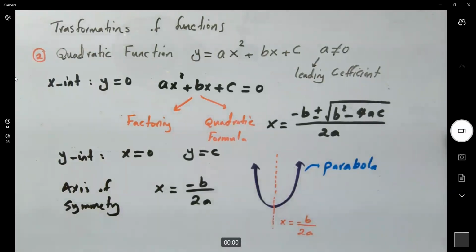Now we're going to write one example of a quadratic function and start changing its x values, changing the y values, and see what's happening to the graph of the function itself. What transformation are you going to see?